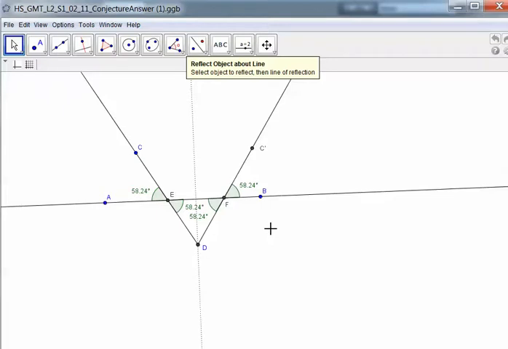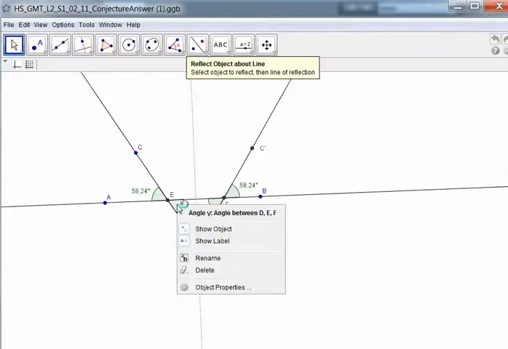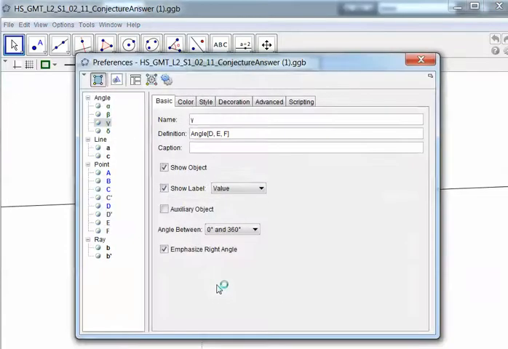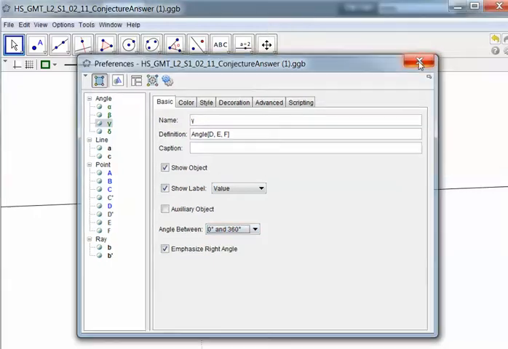The only problem I had was this green right here. Watch this. Let me see if I click on it. I thought if I right click, there it goes. You can go down to Object Properties. I'm showing you what mine looked like. Well, it's not doing it, but that's okay.